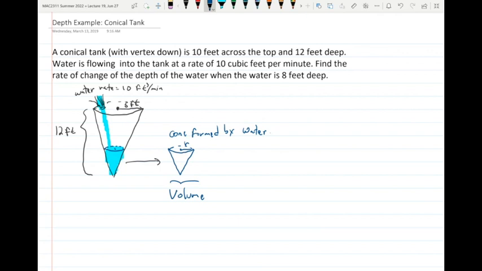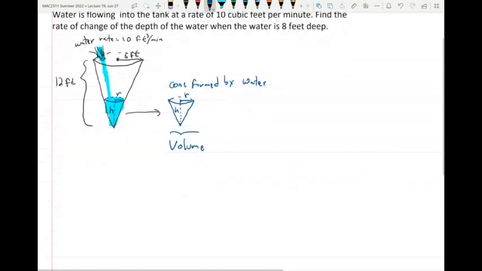After all, that's what we are after. We are after the depth of the water, right? So we are after the height. This guy. So in other words, let me go back to the picture. So R and H. Okay, R, H. So now let's write this down.